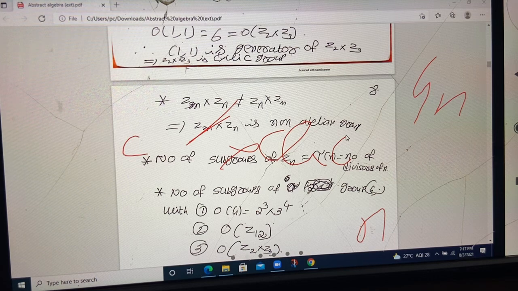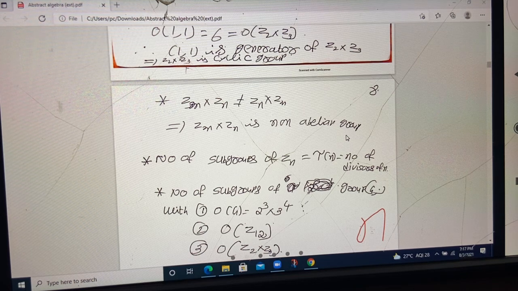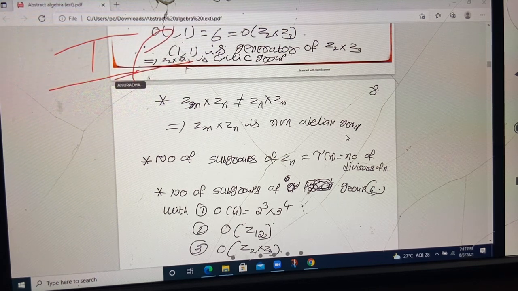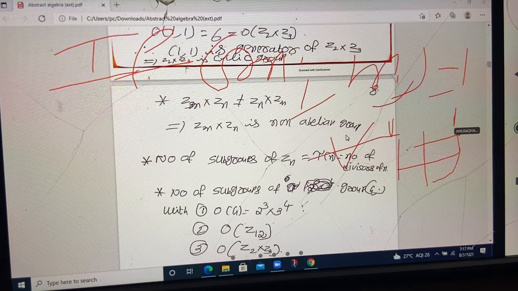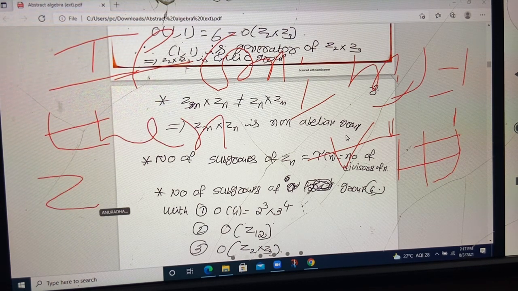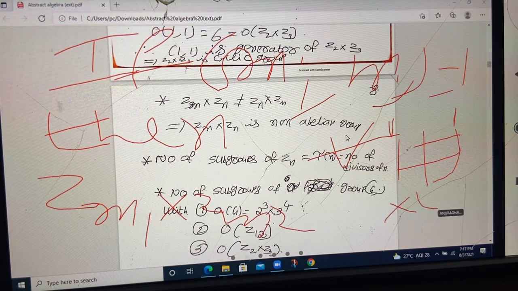So what are G1, G2, Gn? They can be any groups. But if they happen to be Z_n, then they are cyclic if and only if the GCD between the suffixes is 1. Write down that point. If GCD between Mi and Mj is 1 for all i not equal to j, then Z_m1 cross Z_m2 cross and so on Z_mn is cyclic.